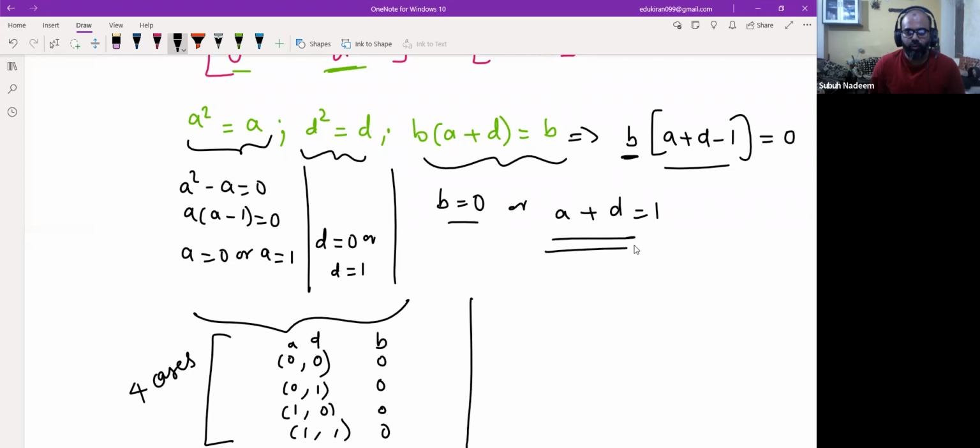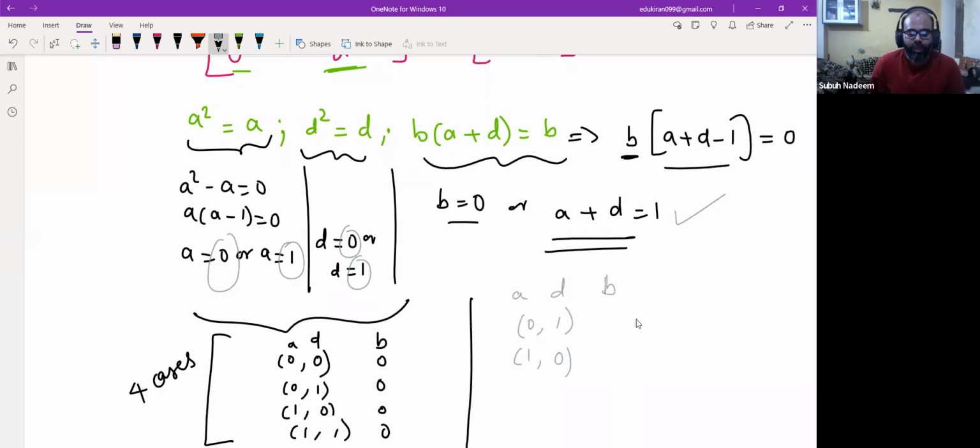So A plus D equal to 1. So when is A plus D equal to 1 possible? If we take A 0 and D 1, then it is possible, A 0 D 1 or A 1 D 0. So in both the cases, A plus D equal to 1 is possible. What will be B? Can you tell about B?